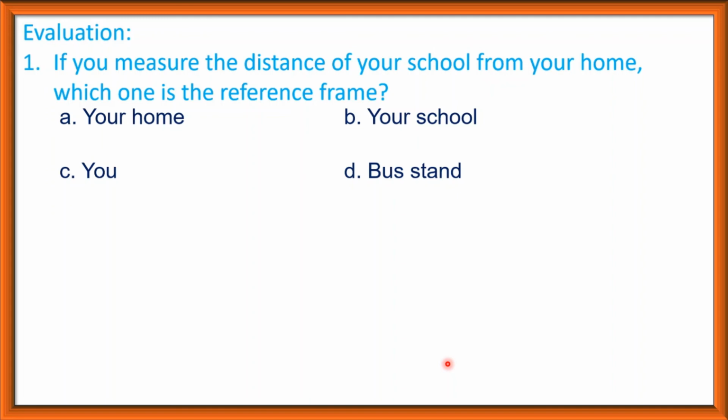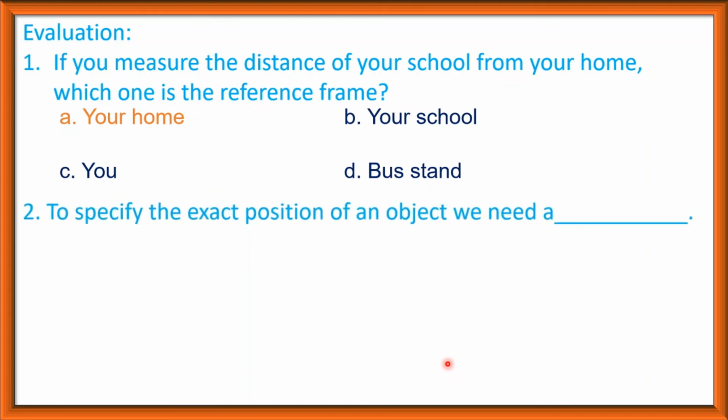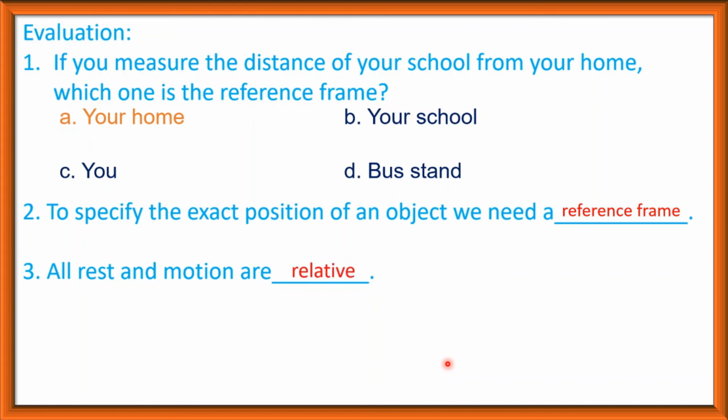And the correct answer is your home. If you measure the distance of your school from your home, then your home will be the reference frame. To specify the exact position of an object, we need a reference frame. All rest and motion are relative.